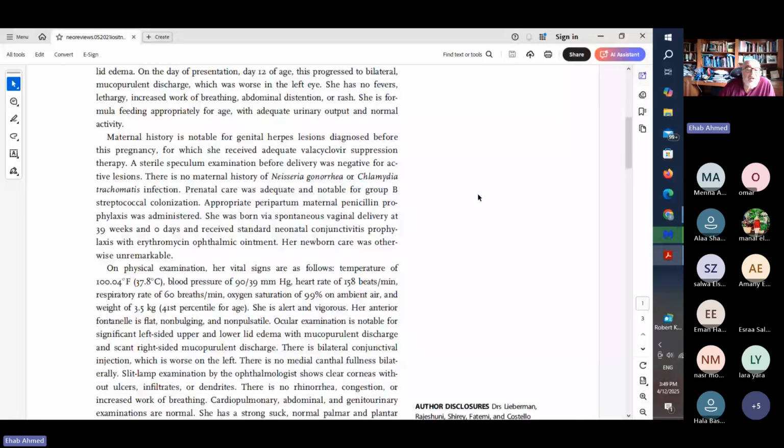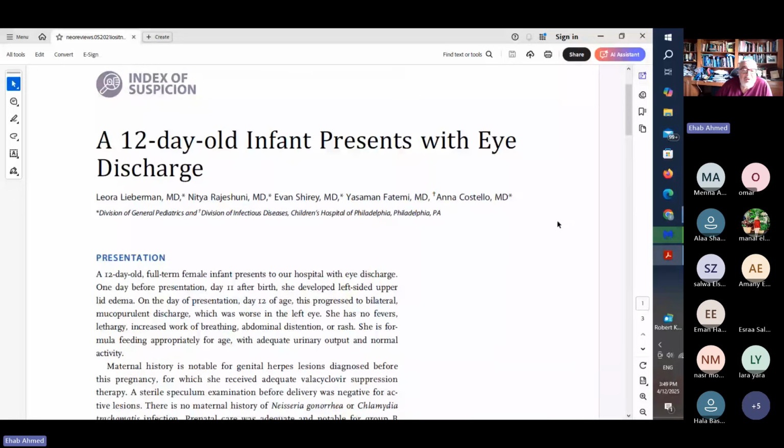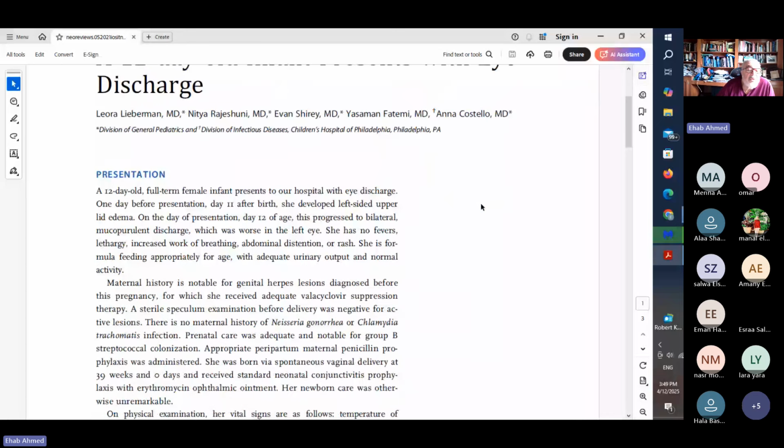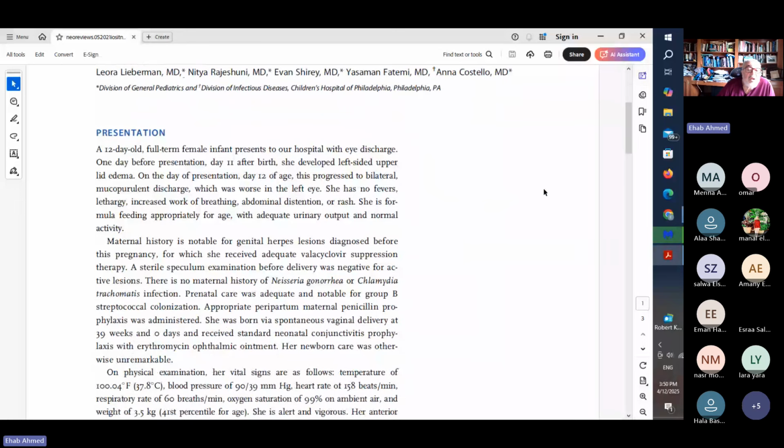And this is a 12-day-old. Yes, it's very, very unusual to have a baby delivered with ophthalmia neonatorum. Usually it needs time. So this is a 12-day-old full-term female, presents to the hospital with eye discharge 1 day before presentation, so it was at the age of 11 days.